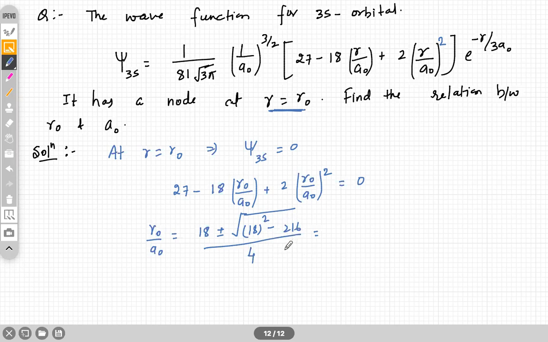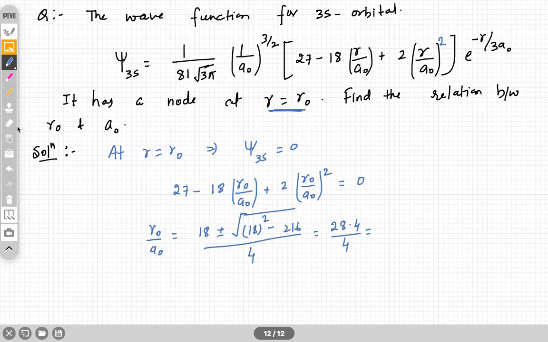You'll get approximately, when you solve this, you'll get 18 plus 10.4, 28.4 divided by 4. So this would be, no, this divided by 2 will get here.